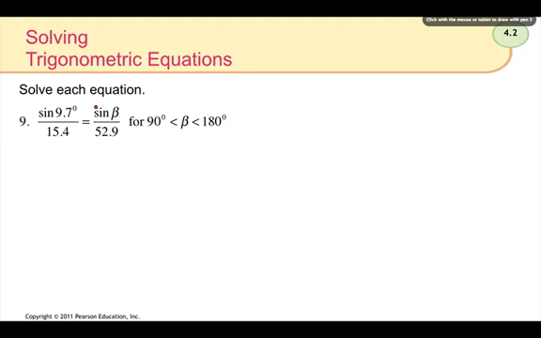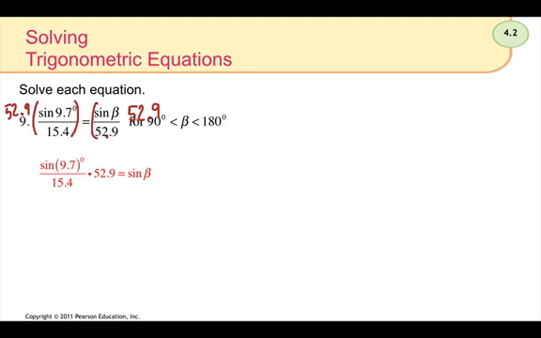So I'm going to isolate sine of beta once I multiply both sides by 52.9, the left side of the equation and the right hand side of the equation. This is what I get.